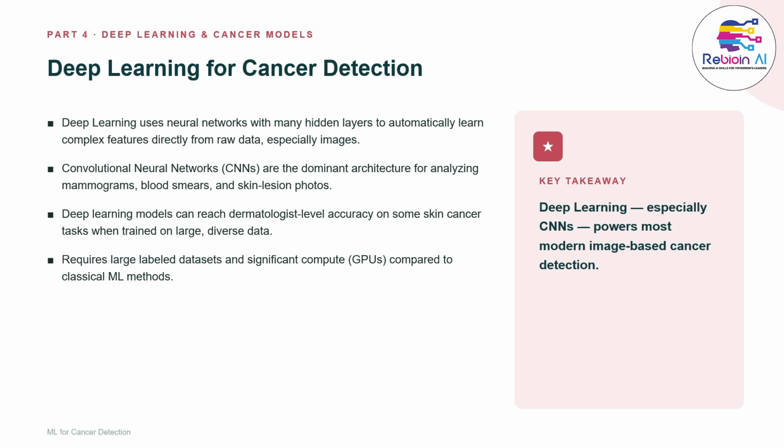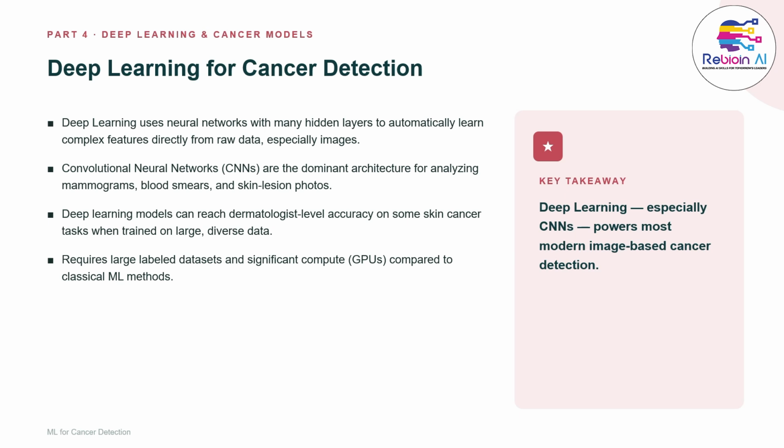The architecture that dominates medical imaging is the convolutional neural network, or CNN. CNNs are the engine behind most modern image based cancer detection, that is, mammogram analysis, blood smear classification, and skin lesion detection. All typically use some form of CNN.